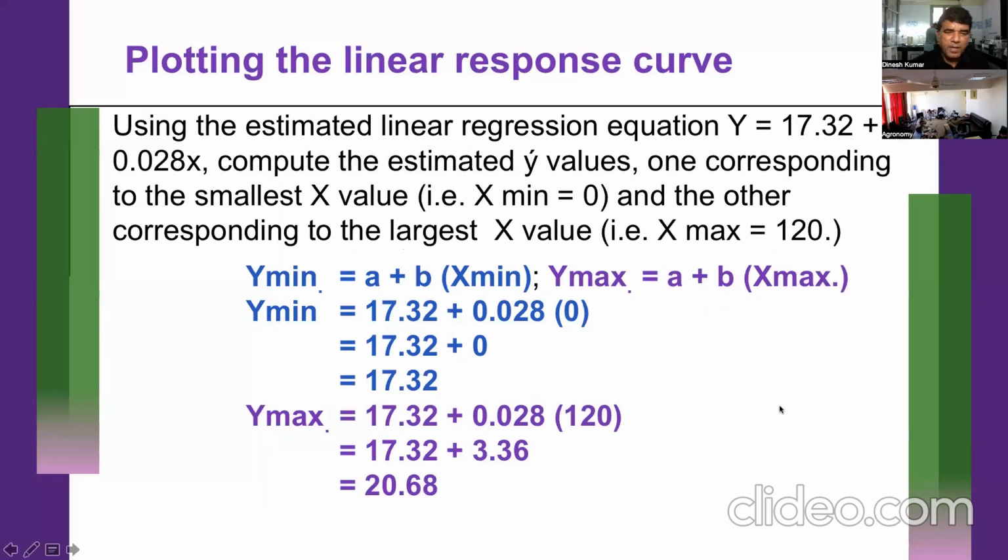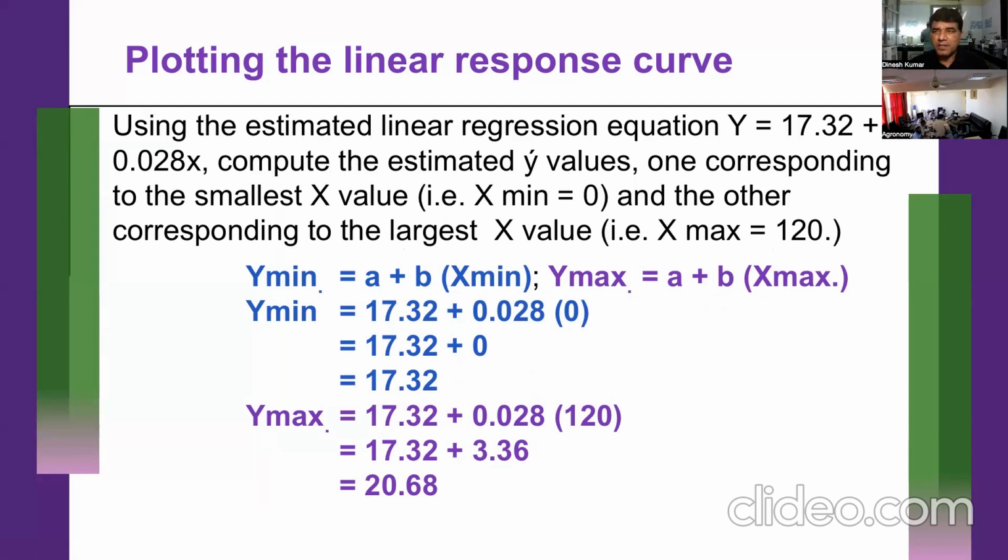So friends, welcome back again in the class. I have told you that 4 values are to be taken. 2 values are already known to us. One is x min, the minimum value of x, that is fertilizer, which is 0. And we can estimate the value of y when x is 0, and that y will be called y min.